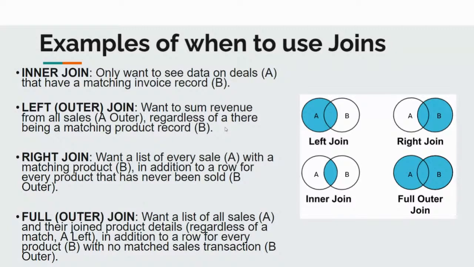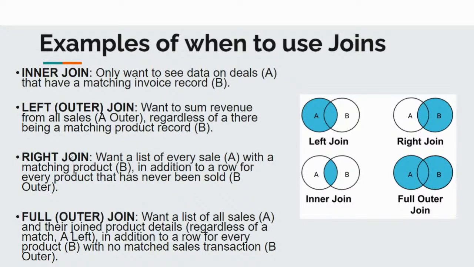That'll be okay because you'll still have all the deals from table A, but you'll see where you have deals and then where you have invoices and where you don't, which provides valuable information because you'll see the total amounts for those deals that do, and then you'll have blanks for those that don't, and those blanks may provide really good information.